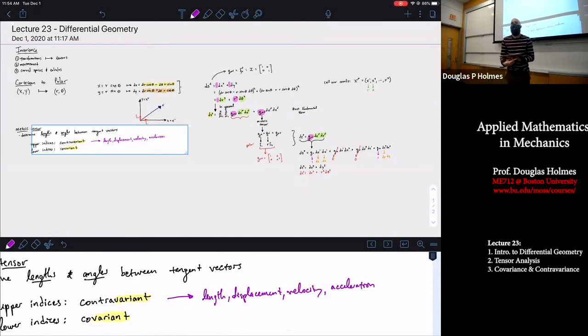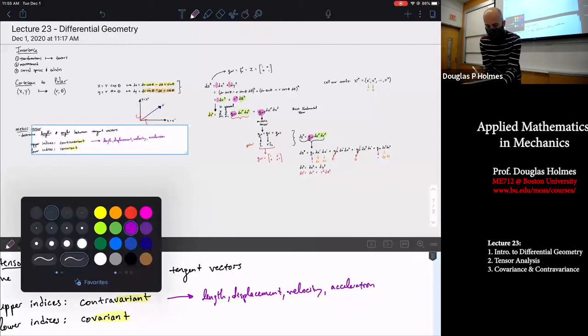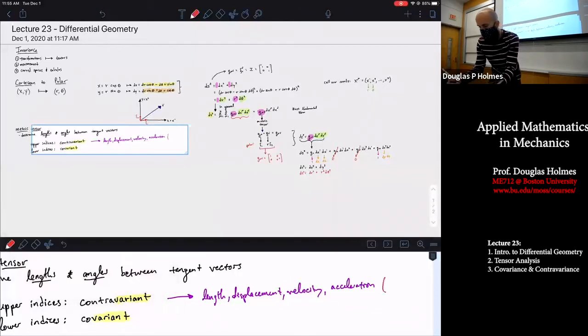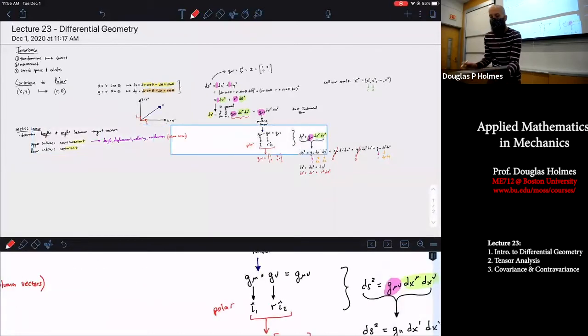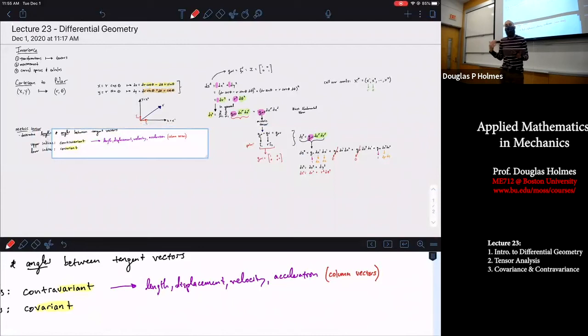In the more linear algebra sense of things, you would think of these as represented as column vectors. And the important thing, what defines them, is how they transform. When you change the basis, how does that tensor change?